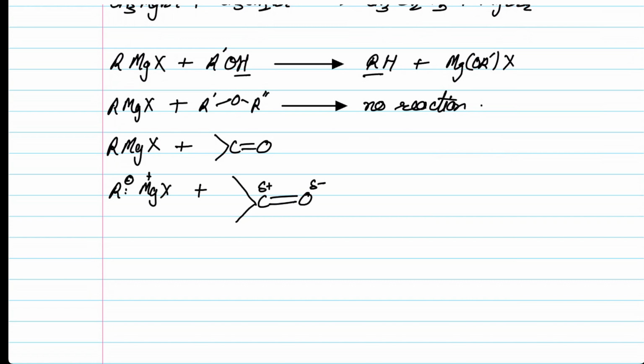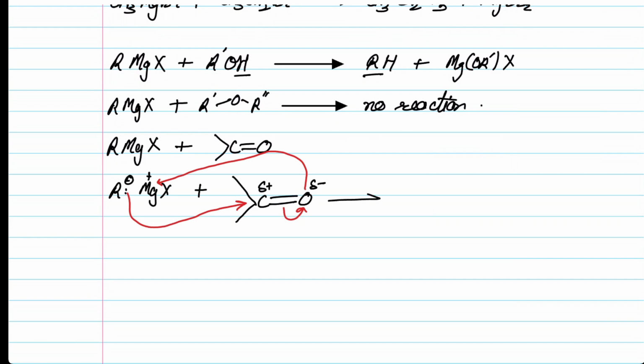So this carbon becomes an electrophilic center where a nucleophile has the capacity to attack. So as obvious, this R is going to attack on the carbon. The carbon valency is 4 and 4 bonds are already formed, so if R minus has to attack on carbon, a bond should be cleaved. So it gets cleaved towards oxygen. Oxygen gets a negative charge and the electron pair of oxygen attacks magnesium.